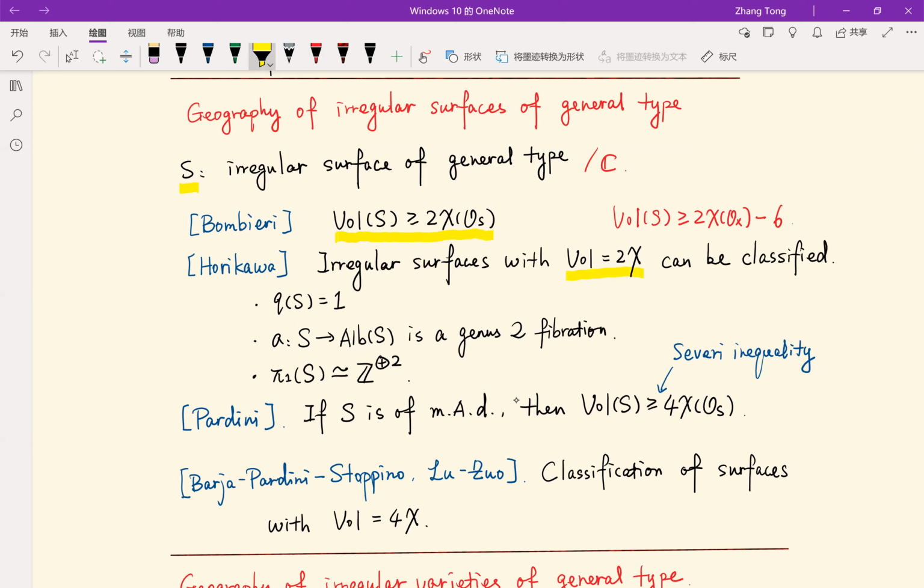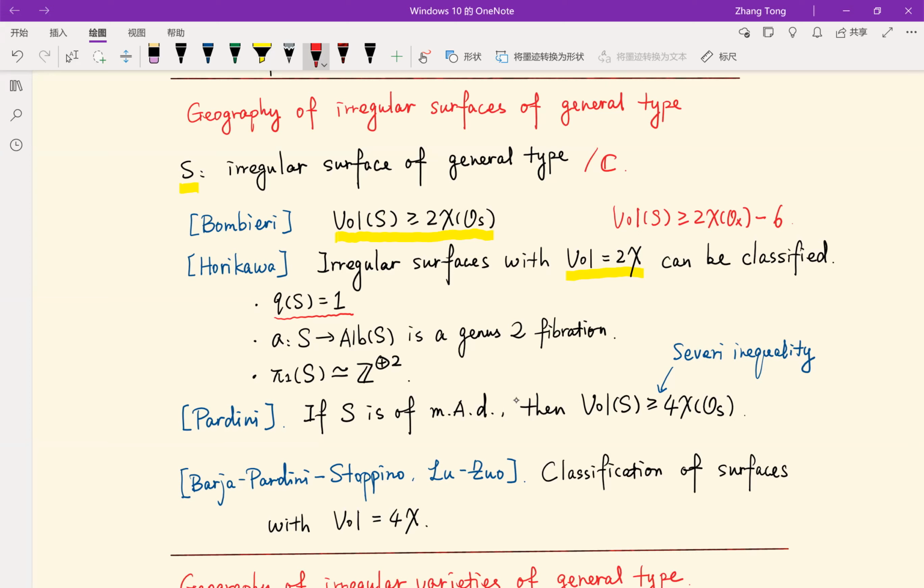And here I want to list some of the classification results. First, he proved that if the equality holds, then the irregularity must be 1. So it's the smallest possible case. And from this, you can deduce that the Albanese variety of S is just a genus 1 curve.